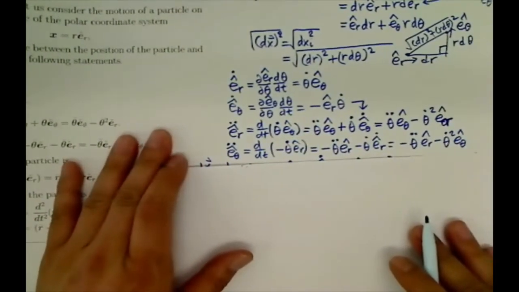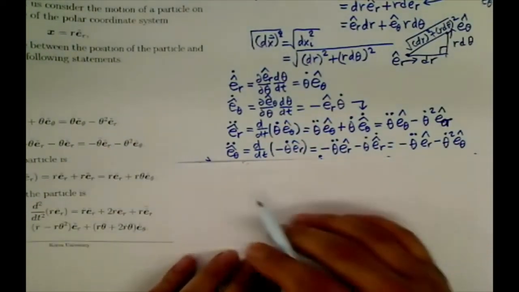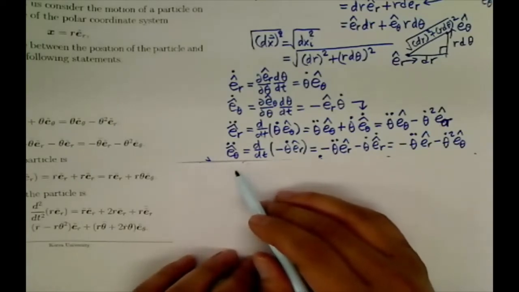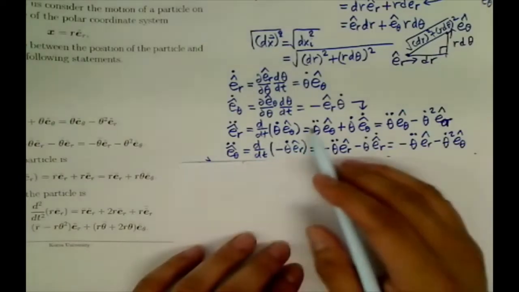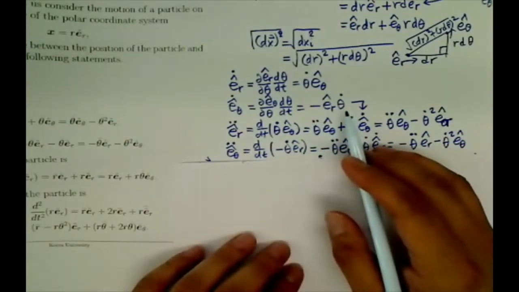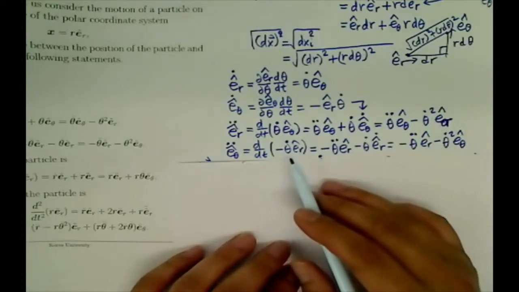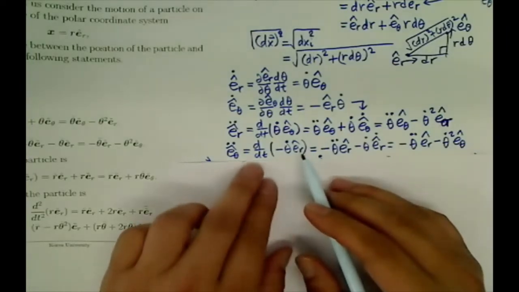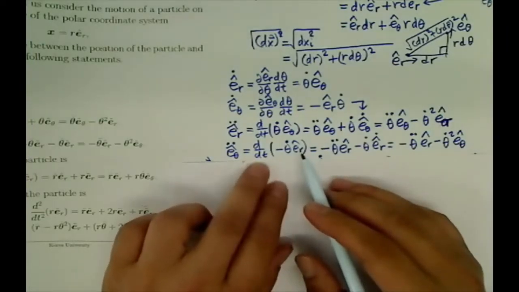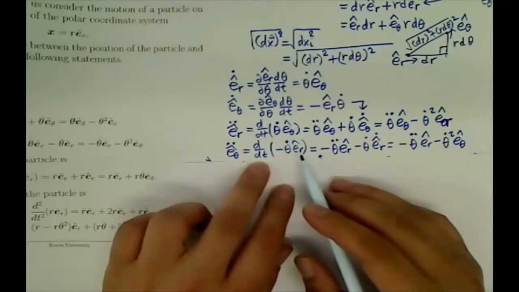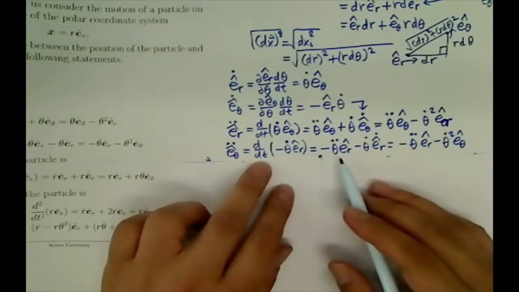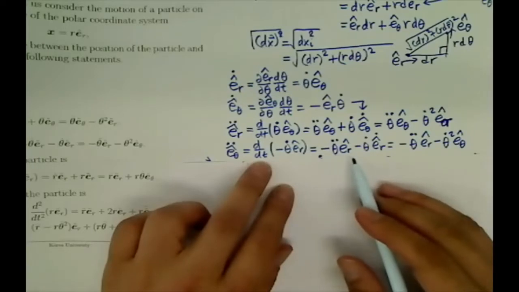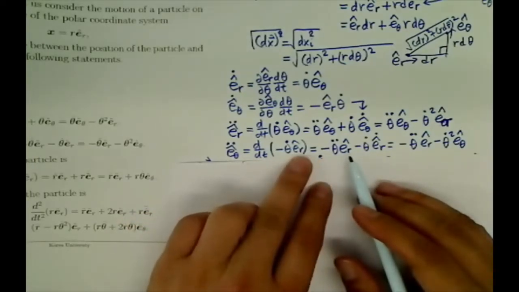Next, we take the double time derivative of e_theta hat. The first order time derivative of e_theta hat is obtained here, so we copy it: minus theta dot e_r hat. And then take another time derivative with respect to time. Take the time derivative of the front vector. We have minus theta double dot, keeping the e_r hat the same.